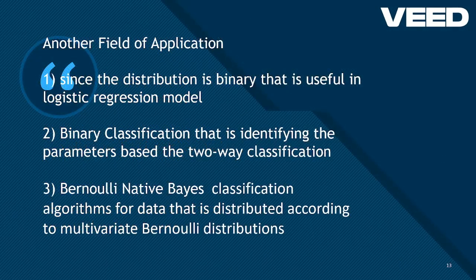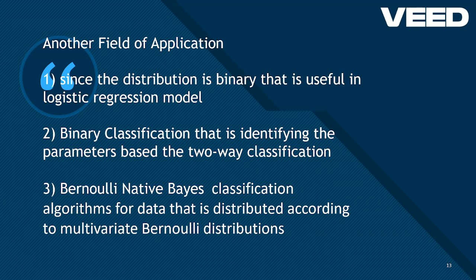There are some other applications of the Bernoulli distribution. The first application is that, since the distribution is binary, it is useful in the logistic regression model. In the logistic regression model, we have to predict whether there will be a success or failure, so the Bernoulli distribution is used in logistic regression as well.